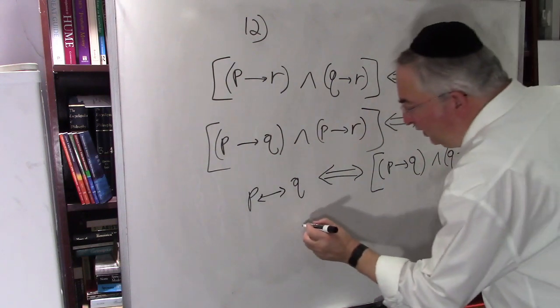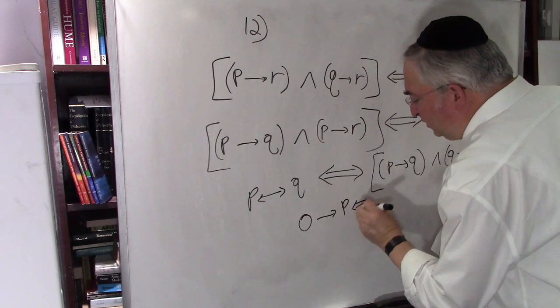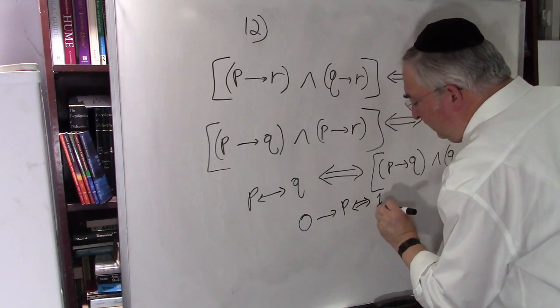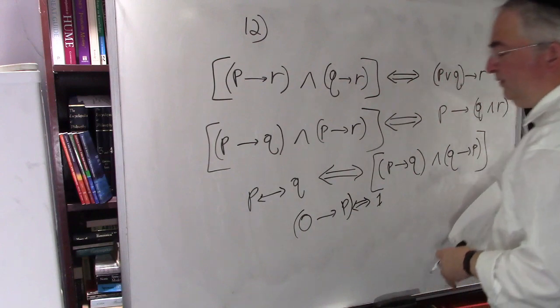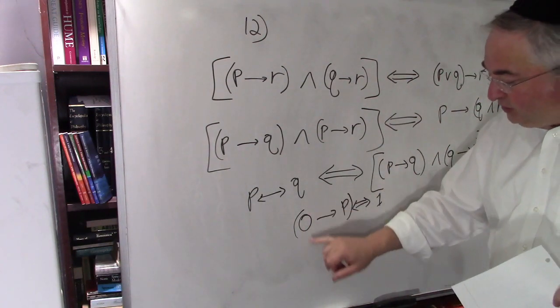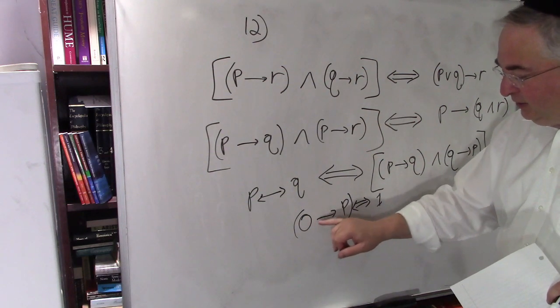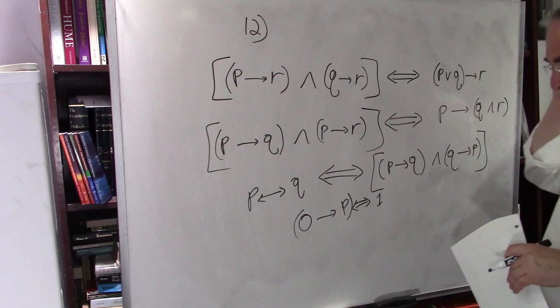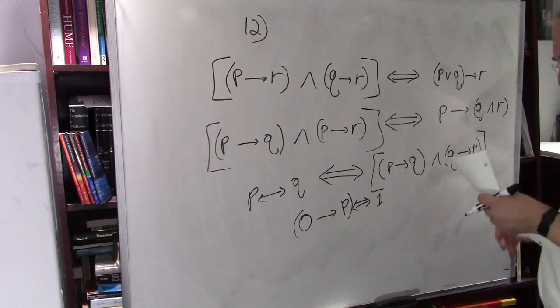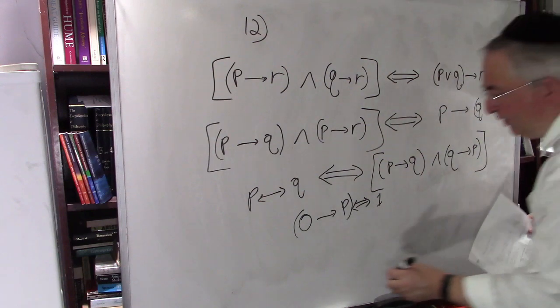Okay, two more. Zero arrow P is logically equivalent to 1. Zero arrow anything is always going to be 1. Zero arrow anything is 1. So that's another thing that's always going to be 1. Okay, and one last one.